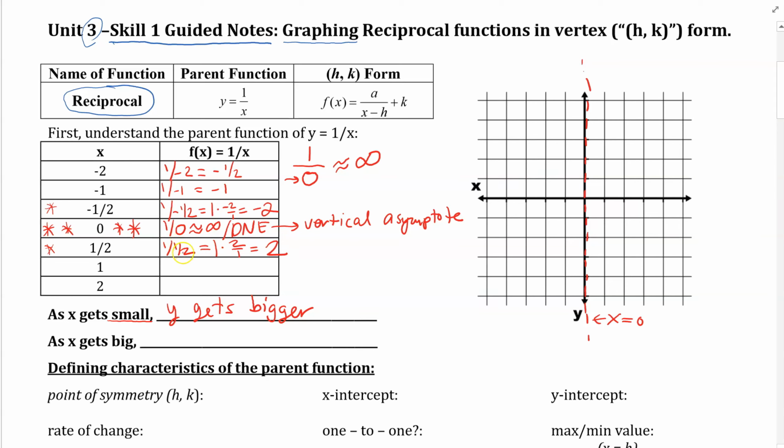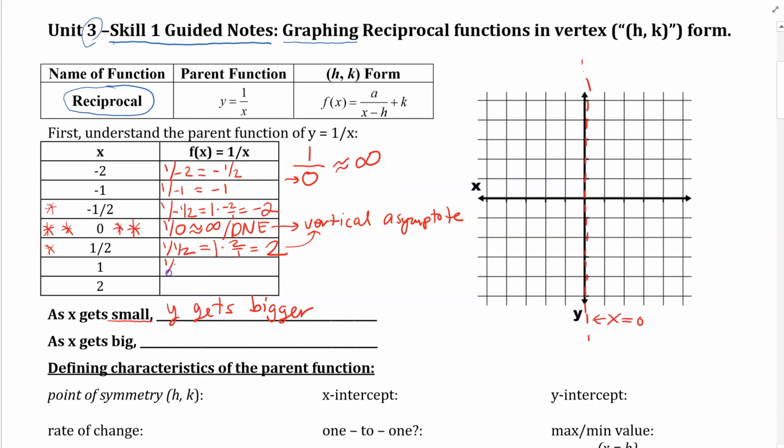Because dividing by a fraction means to multiply by its reciprocal, and 1 times 2 is 2. Another way to think of it is y is just the reciprocal of x. So if x is 1 over 2, y is 2 over 1. So when x gets small, y gets big. And that's what's happening around this vertical asymptote.